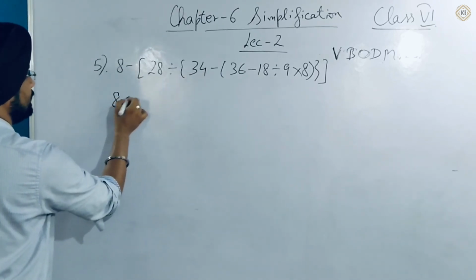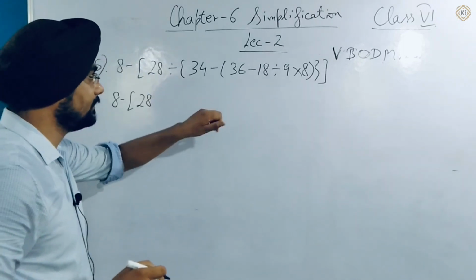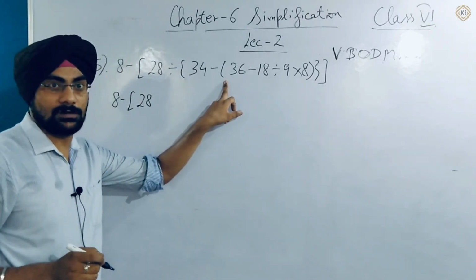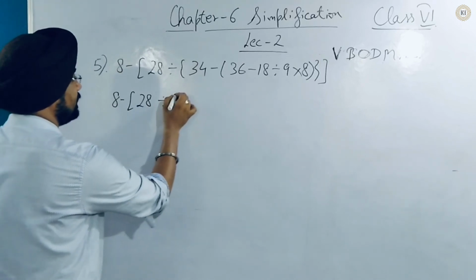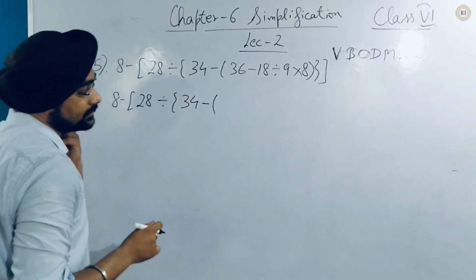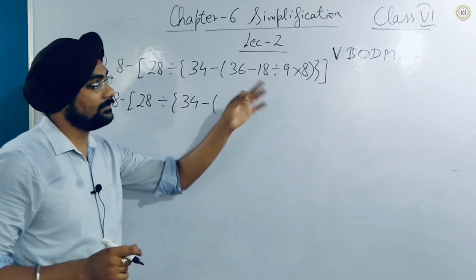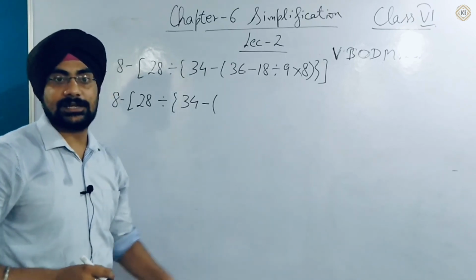So 8 minus 28, first of all we are going to solve the bracket, and this smaller bracket we are going to solve first. 28 divide 34 minus, and in this smaller bracket we are going to apply the rule of BODMAS, that is first of all divide, then multiply, then addition and subtraction.